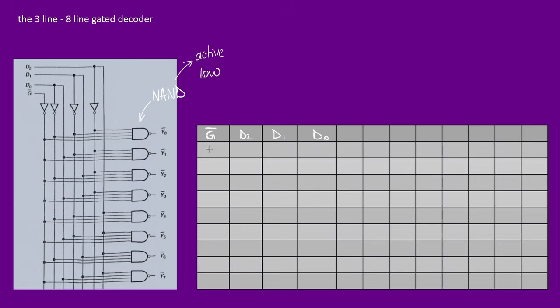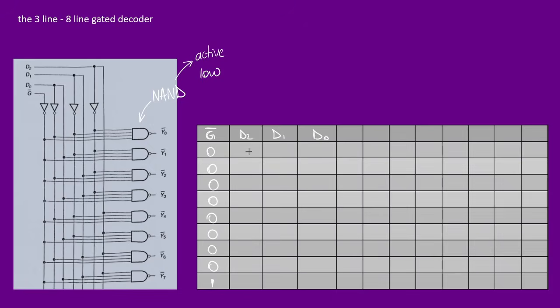So if I'm using not G here, that means my circuit should be active for every situation where the NOT value of my gated input is going to be 0, okay? Let's fill that in. 1, 2, 3, 4, 1, 2, 3, 4. And then let's leave one situation where the NOT of our gate input is high.